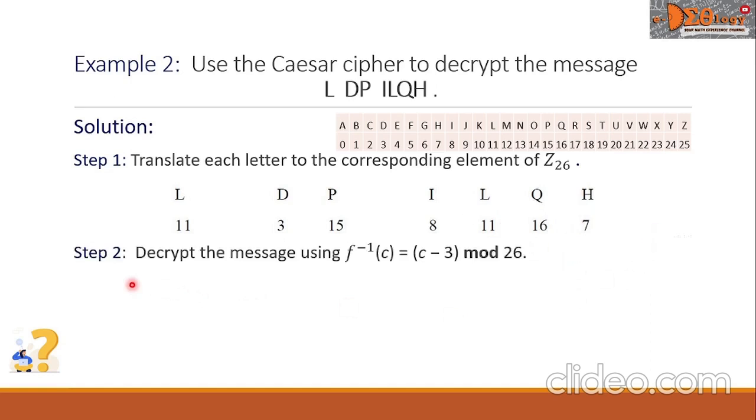Then step 2, we decrypt the message using f inverse of c is equal to the quantity c minus 3, then mod 26.